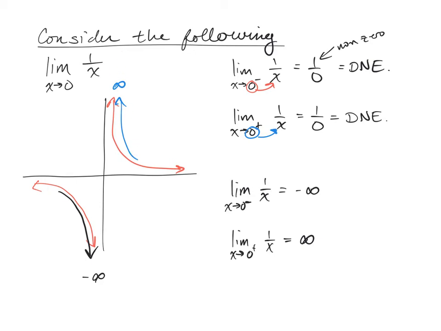That being said, we can finally say the limit as x approaches 0, the two-sided limit of 1 over x, truly does not exist, because these answers, albeit infinities, still need to match for a limit to exist.